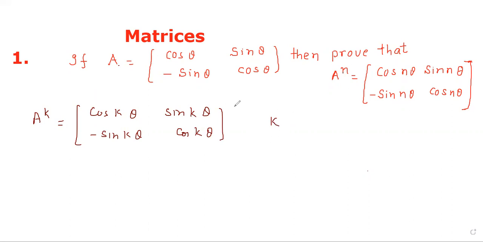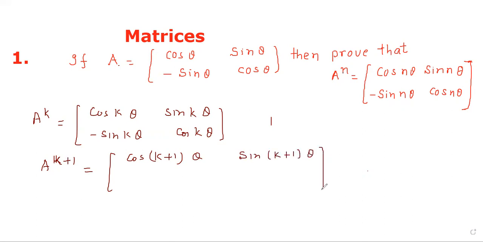That is, A power k plus 1 means we are going to replace n by k plus 1 here. So it will become [cos (k plus 1) theta, sin (k plus 1) theta; minus sin (k plus 1) theta, cos (k plus 1) theta].